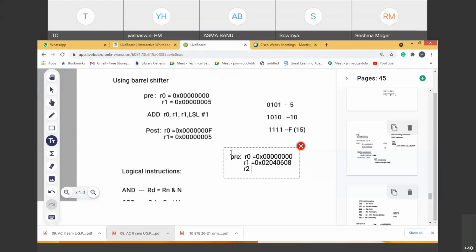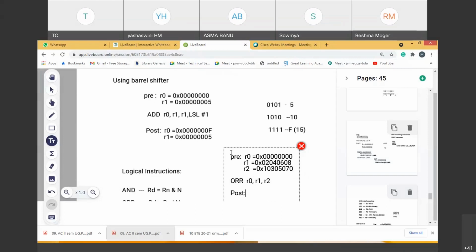Then we'll put the values 0x as the hexadecimal representation, 10, 30, 50 and then 70. If I take like this, what is our instruction? ORR, correct? The OR instruction is written like this: destination register and two source registers, R1 and R2. It means R1 and R2 should be ORed and the result should be stored in R0. That is the meaning of the instruction.